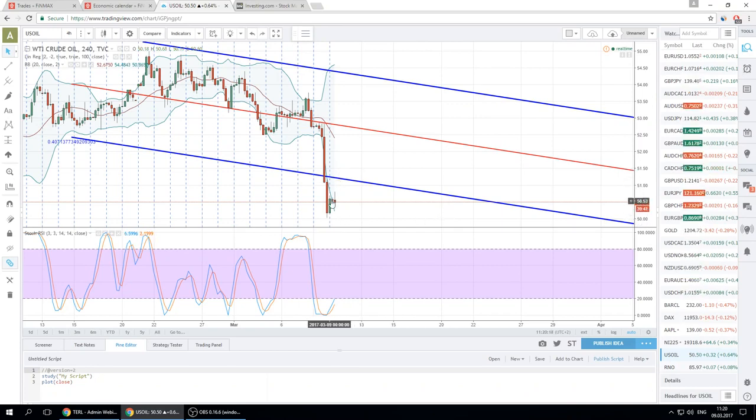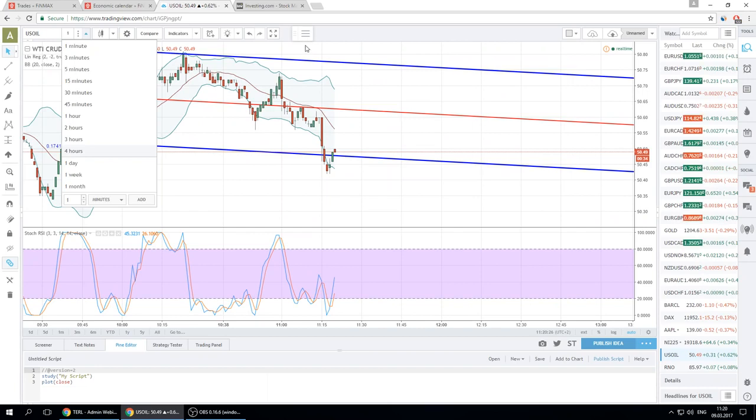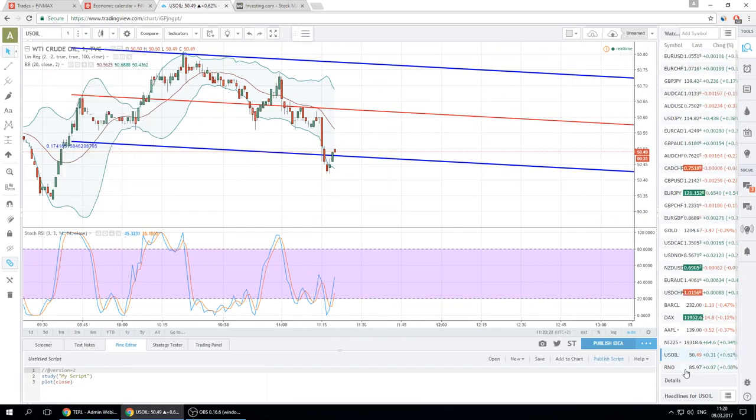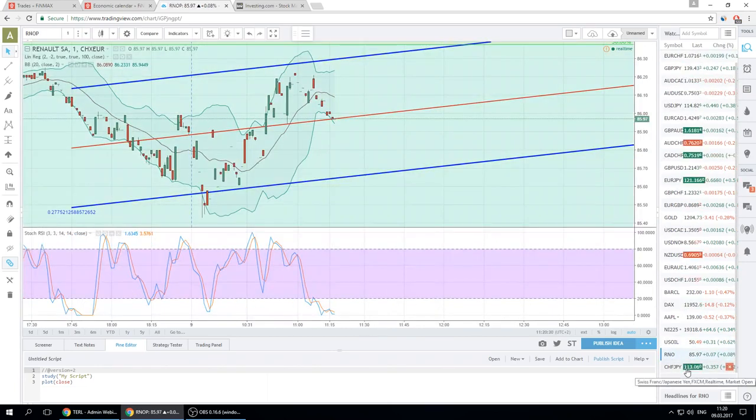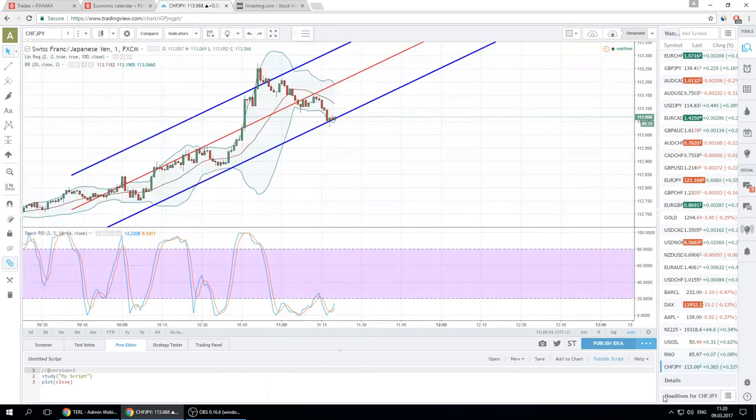There should be a recovery of the price, but right now we don't see it. Okay, so let's come back to our short term. Reno shows nothing, and CHF to JPY.